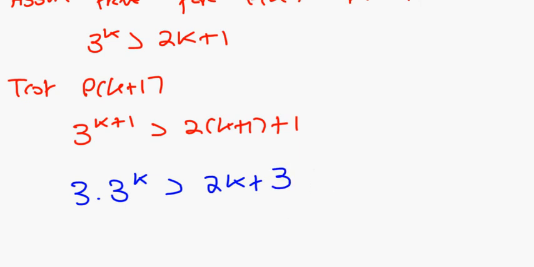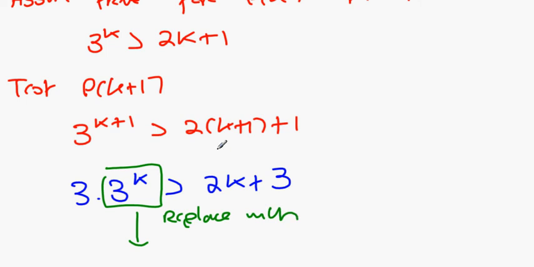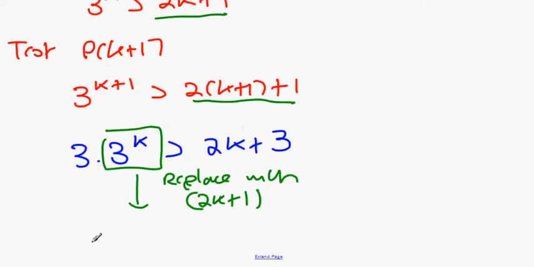Now, we're going to replace this number with 2k plus 1, because we know that 2k plus 1 is a smaller number than 3 to the power of k.